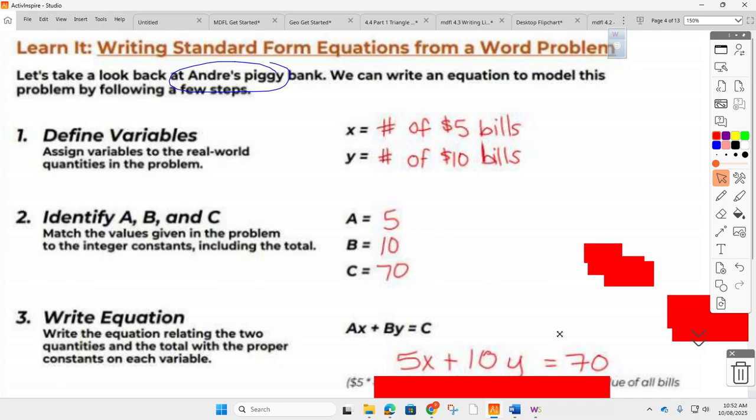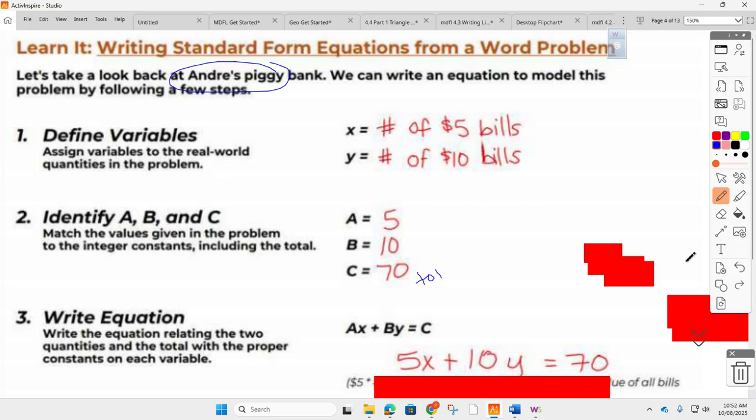So the value of these terms can change. This one, the C, is always going to be the total. It's not going to change, right? So this is going to be the value of all the $5 bills online. We're not going to write it, but we already talked about it. So y'all should know.